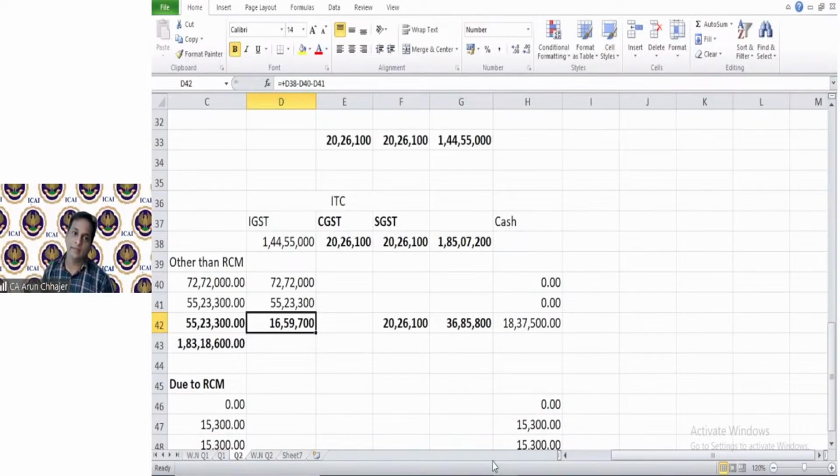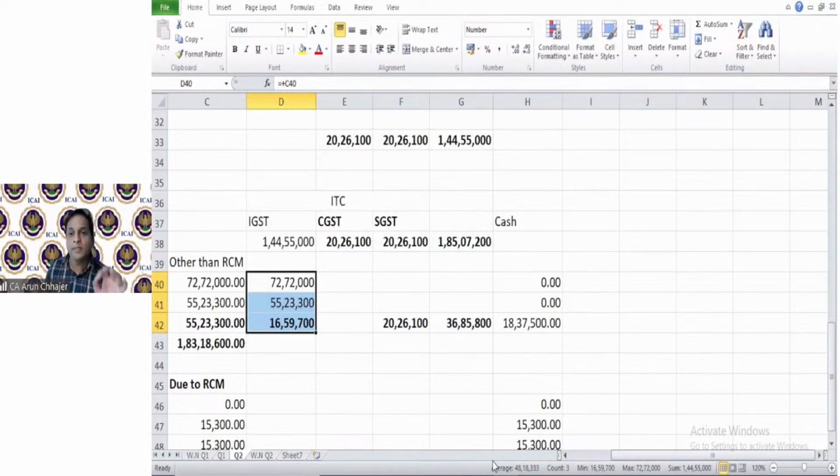Before using the ITC of CGST and SGST, I have to fully utilize IGST, which I did in this case. So there is no problem, but this is not the effective way.